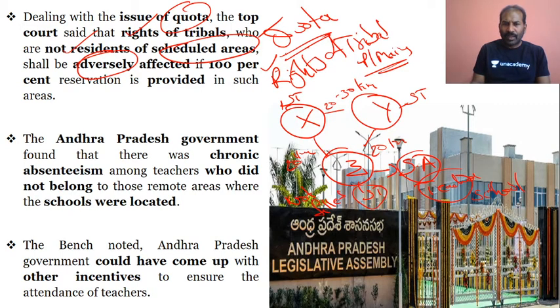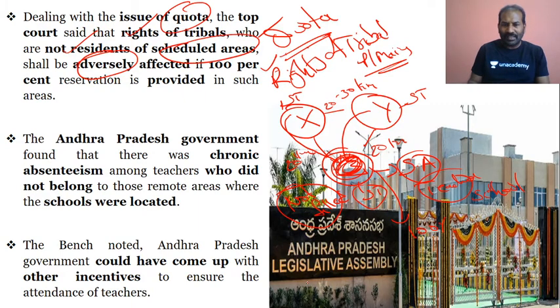In that case, shall we not allow an ST from Y scheduled area to apply here in scheduled area Z? Definitely. If you are talking about this scheduled area only, then you have to go ahead with the recruitment within it, and if that recruitment is not totally filled, or there are various posts which are vacant.